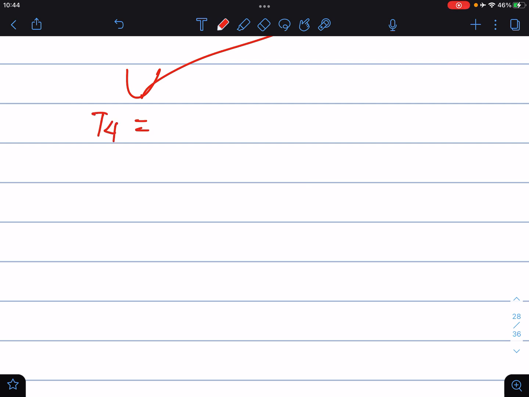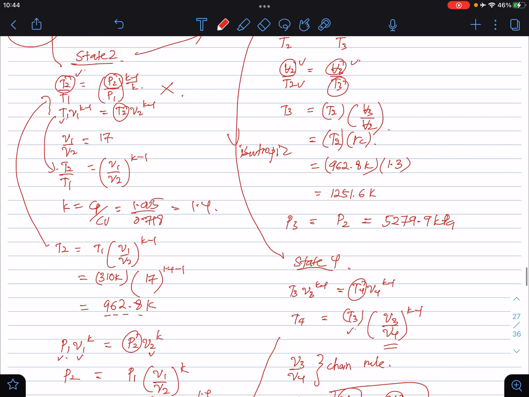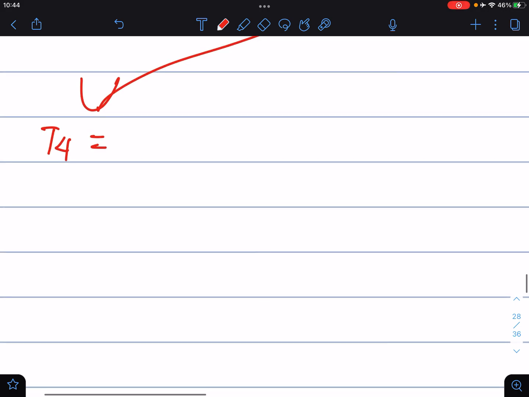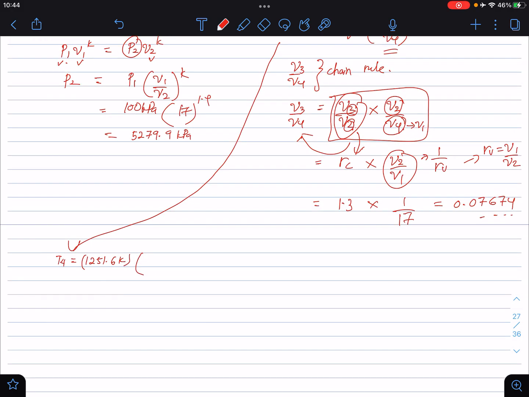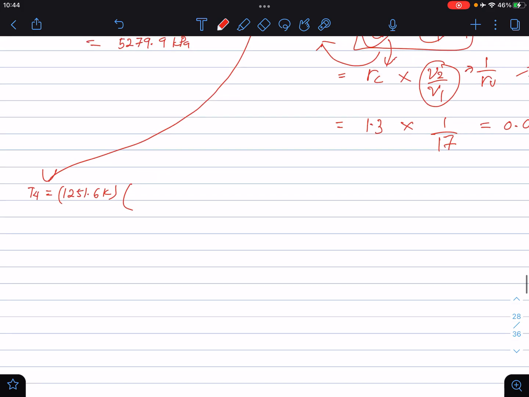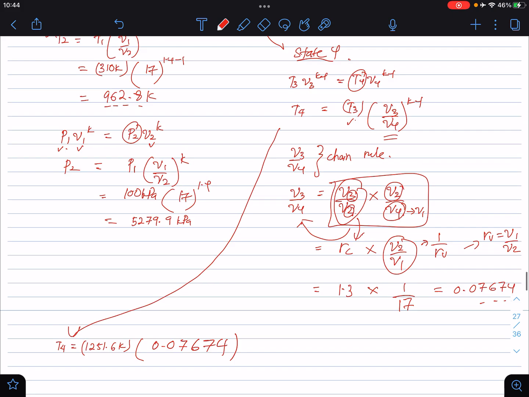Okay, so I get back this T4 equal to T3. Our T3 is 1251.6 Kelvin. You multiply with the ratio here, V3 over V4, 0.07674, power of K minus 1, 1.4 minus 1.